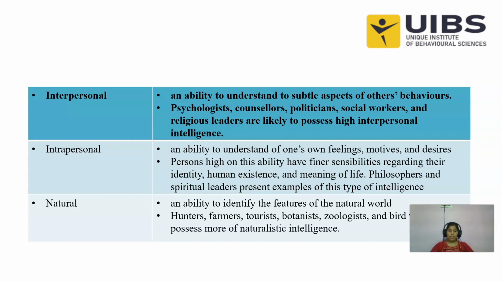Intrapersonal means ability to understand one's own feeling, motive, desire, own strengths and weaknesses. Philosophers, spiritual leaders, they have this kind of intelligence. Then the last one is natural. Natural means ability to understand the beauty of the nature, to understand the subtle features of the nature. Hunters, tourists, botanists, geologists, bird watchers, they have this kind of naturalistic intelligence.